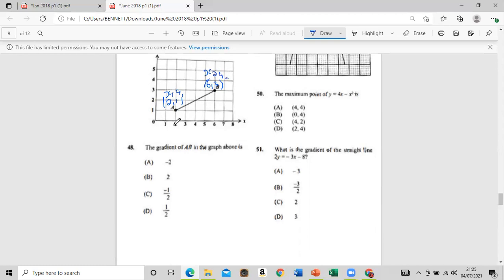So y2 is 3 minus this, which is 1, over x2 minus x1, 6 minus 2. Let me break it down, so it's a half. Yeah, the gradient is a half.